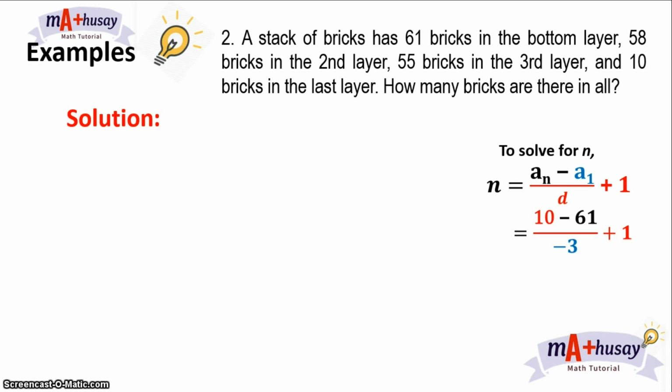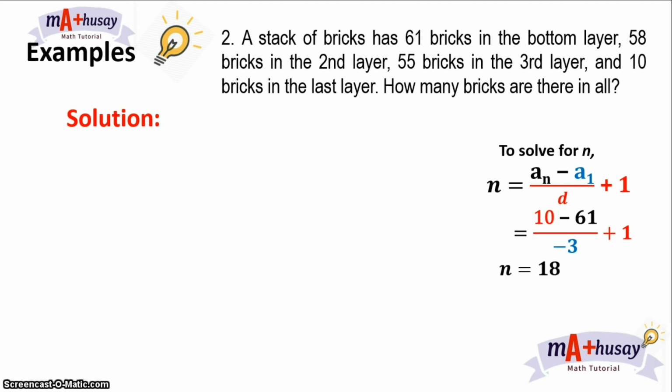And the bottom layer has 61. So 10 minus 61 all over negative 3. The common difference is negative 3, right? So we know that 10 minus 61 is negative 51. Divide it by negative 3, that's positive 17. Plus 1, your n will be 18.